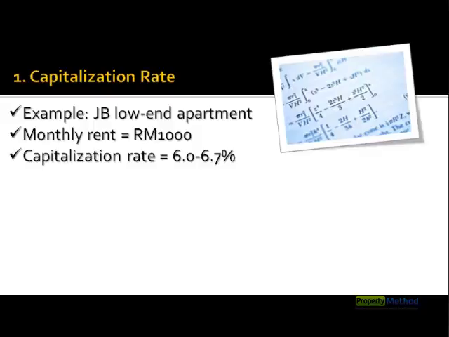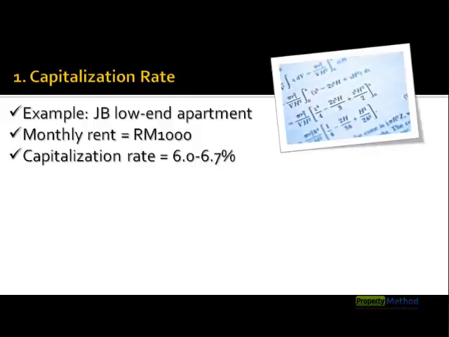With these two numbers, we just use the same equation of the capitalization rate from the previous slide to estimate an average capitalization rate. So this is how we get an estimated capitalization rate from market information.